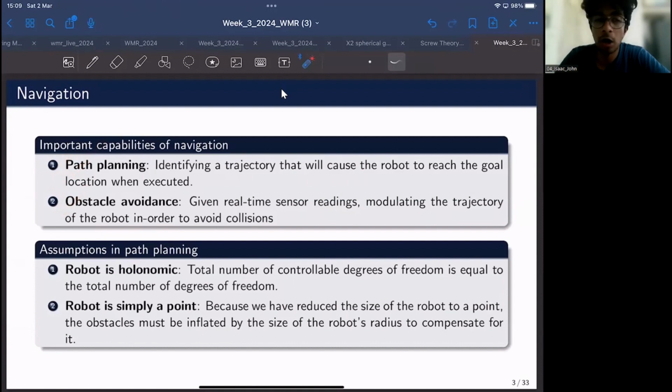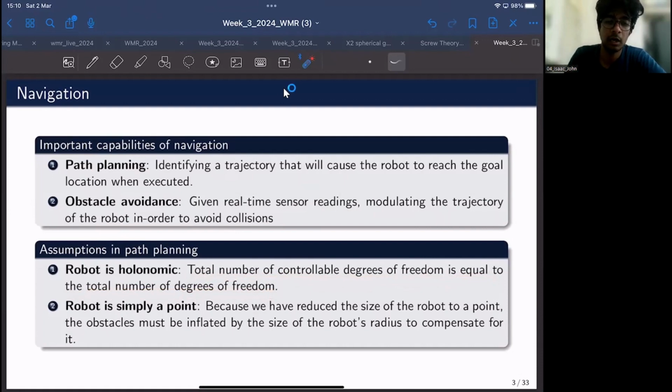And for all the algorithms that we have discussed this week, there are assumptions that we have made. One assumption is that the robot is holonomic. If you can recall from the week 2 lectures, a robot is holonomic if the total number of controllable degrees of freedom is equal to the total number of degrees of freedom. It can be confusing, but the total number of degrees of freedom for a wheeled mobile robot is actually 3, because a wheeled mobile robot basically moves in a plane.